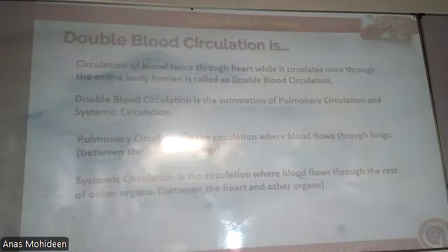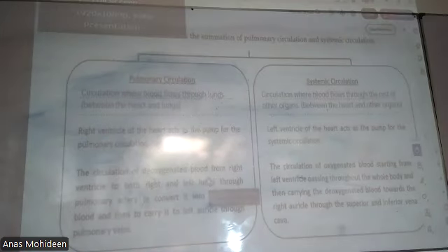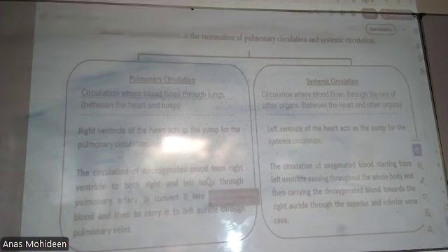Circulation of blood where it flows through the lungs.